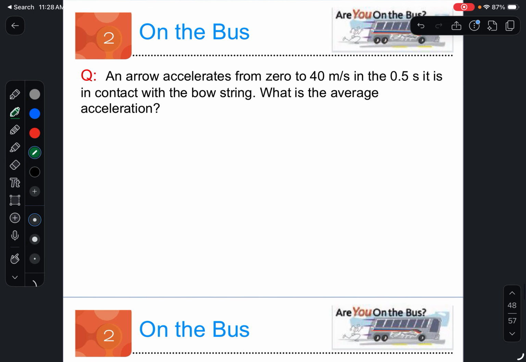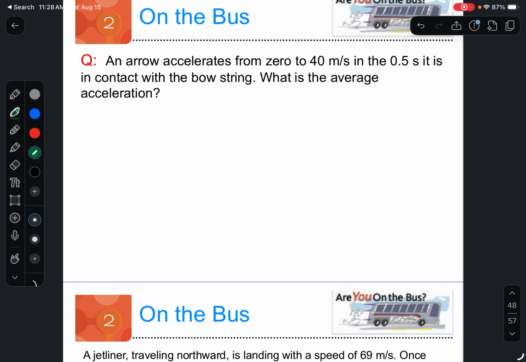Okay, in our next problem, we have an arrow that accelerates from 0 to 40 meters per second. So we know that our initial velocity is 0 meters per second. Our final velocity is 40 meters per second. And our time is 0.5 seconds.